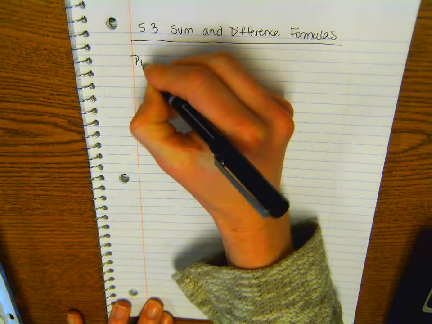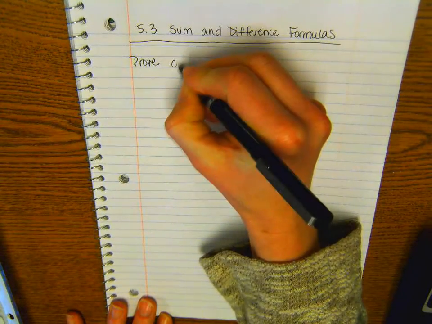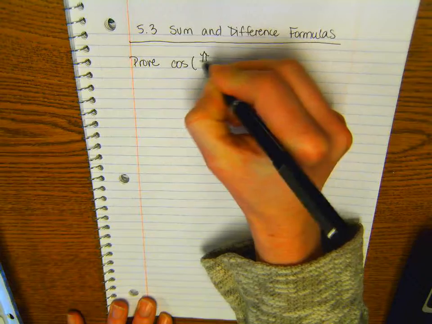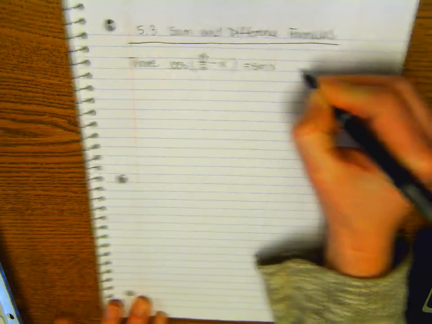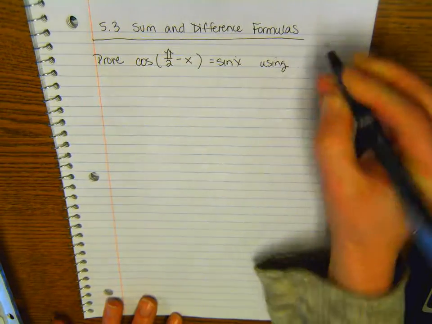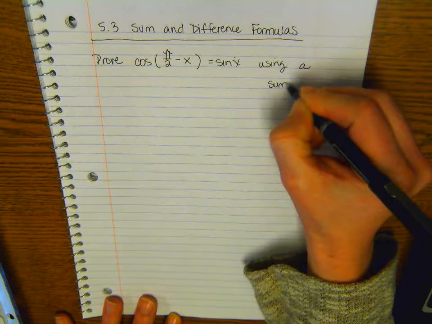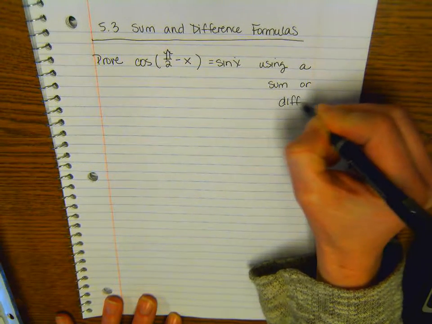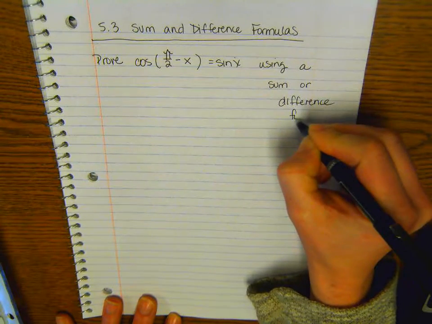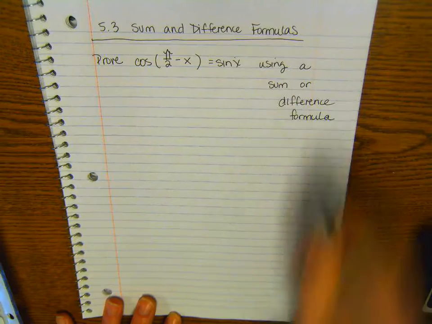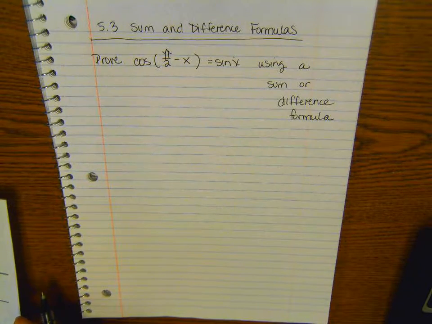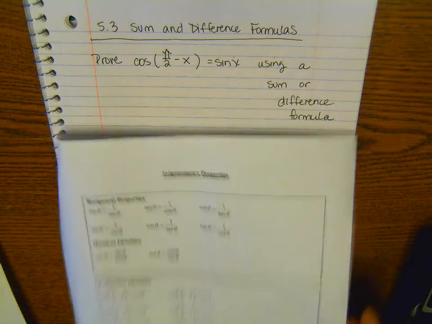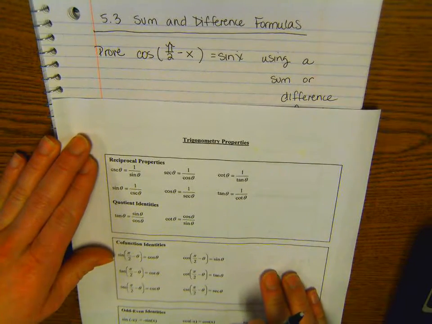And so if I asked you to prove that the cosine of pi halves minus x was equal to sine of x, using a sum or difference formula, this property we see is a cofunction identity.